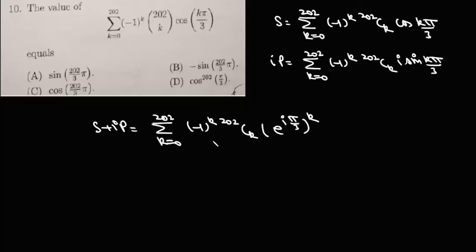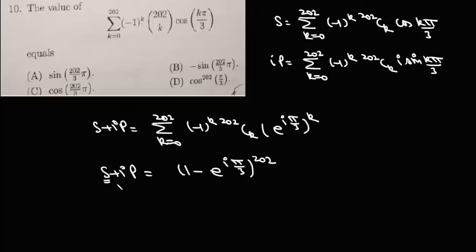Now this is nothing but (minus 1) to the power k, n Ck, x to the power k, which is an expansion of (1 minus x) to the power n. So it will be simply S plus iota P, and it will be equal to (1 minus e to the power iota pi by 3) to the power 202.